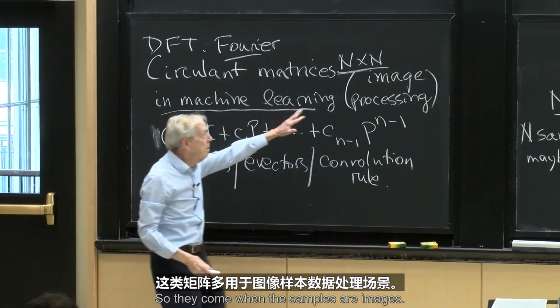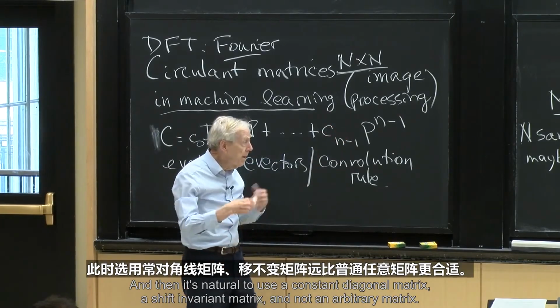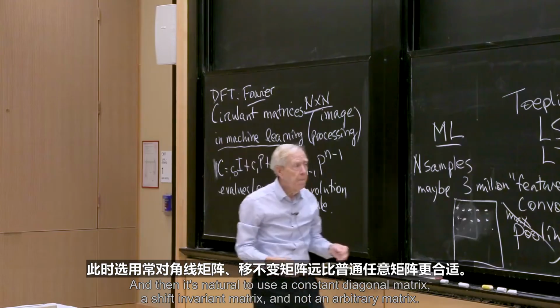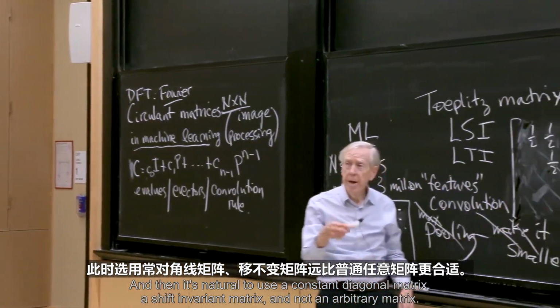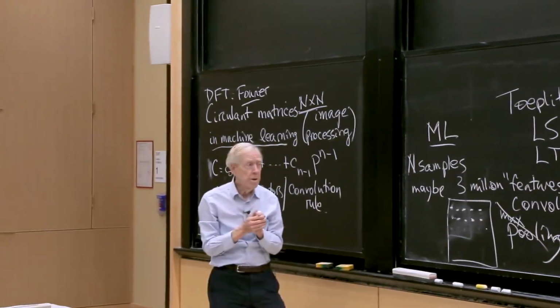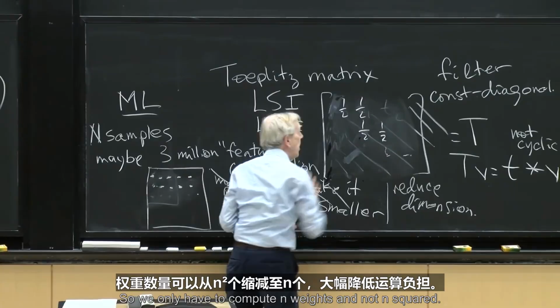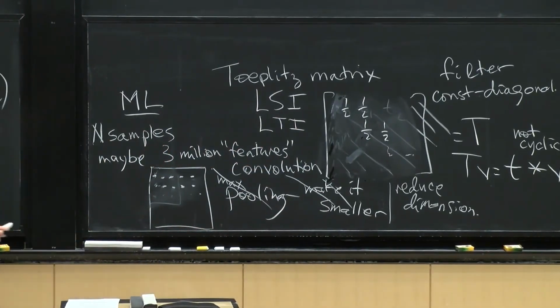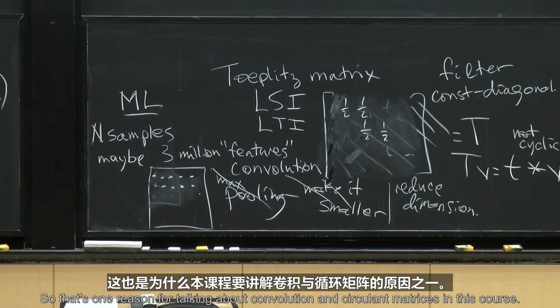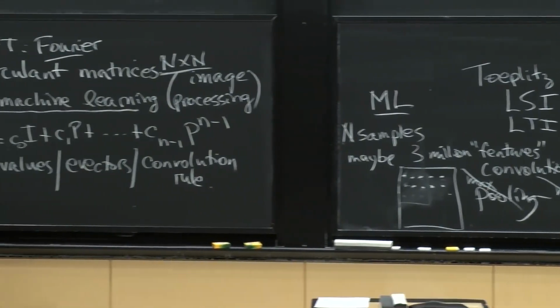They come in when the samples are images, and then it's natural to use a constant diagonal matrix, a shift invariant matrix, and not an arbitrary matrix. So we only have to compute n weights and not n squared. Yeah, so that's the point. So that's one reason for talking about convolution and circulant matrices in this course.